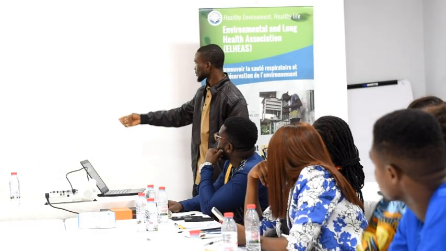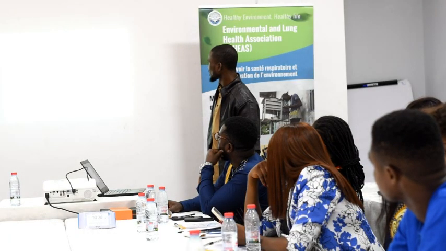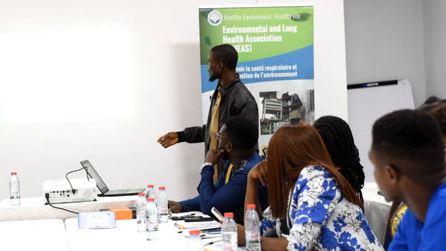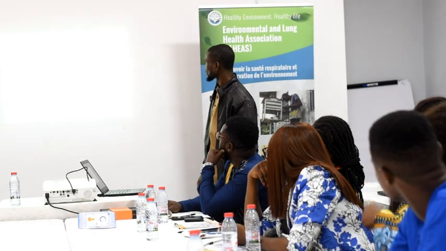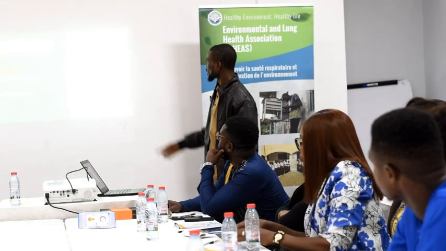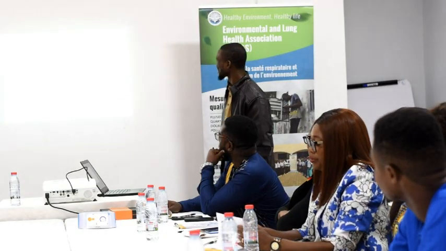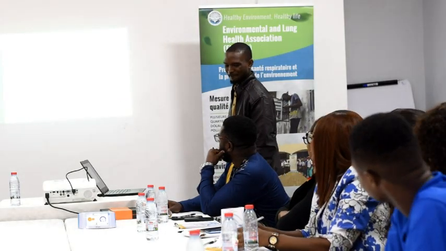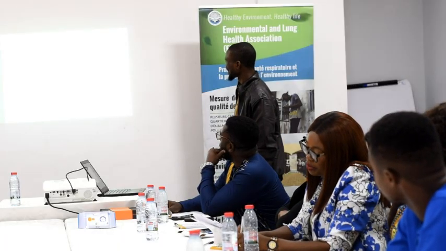So maybe we'll go now to the guidelines and look at it. Look at annually, was it PM 2.5? Yes. So you see that the air quality guideline says 5. And then if you look at the first interim target, it says 35. But the goal is to get to 5.